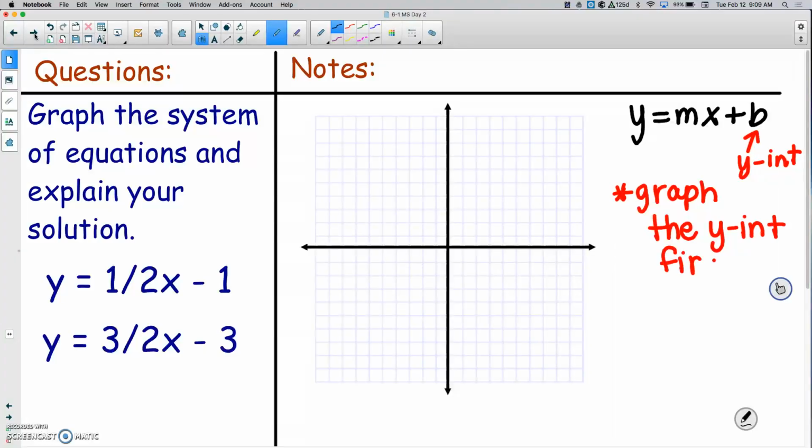Then you use your slope to find more points on the line. So slope-intercept form, the letter M is the slope and the letter B is the y-intercept. Graph the y-intercept first, use the slope to find more points on the line. And you might need quite a few more because we're looking to see where lines intersect, and they don't always intersect if you're only graphing 2 or 3 points on the lines.